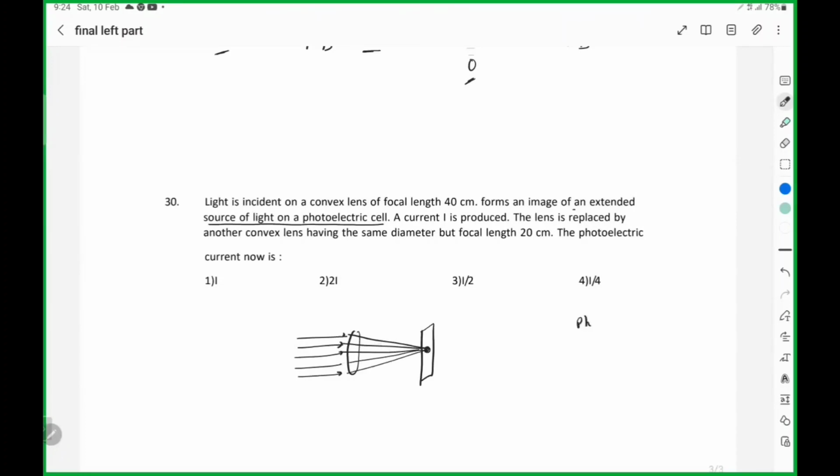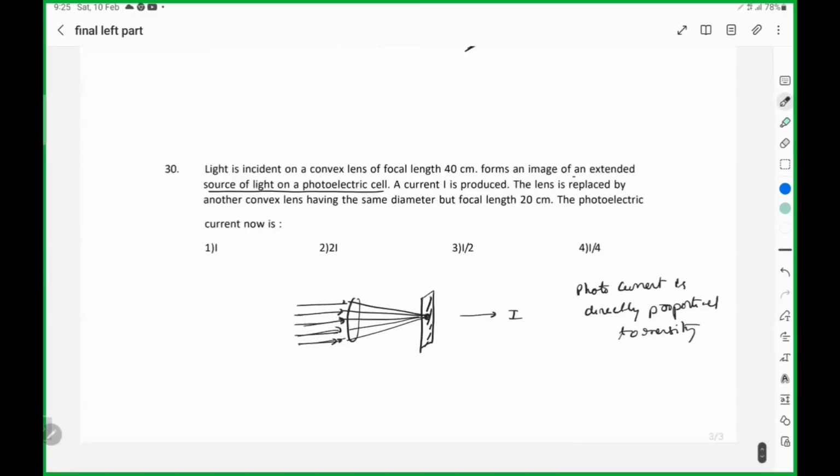So photocurrent is directly proportional to intensity. More number of photons incident, more current will be there. Whatever number of photons are incident on the photosensitive material, let us assume that current I is generated.